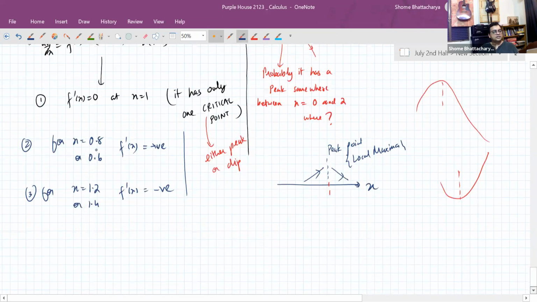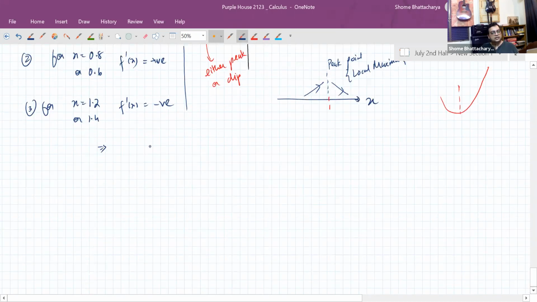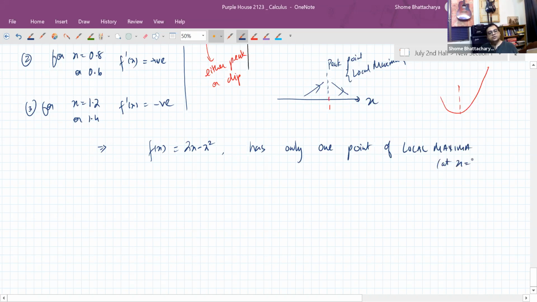So the final conclusion is that for the function f(x) equal to 2x minus x square, this has only one point of local maximum, okay, and that is at x equal to 1, and it has no point of local minimum.